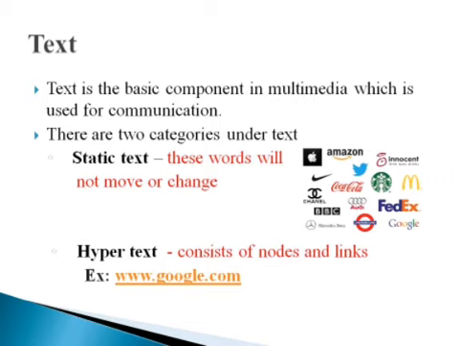You click one particular link and download. If you click that link, it will go to another page. By clicking on one particular word, it takes you to some other page, which means that page is not static. It calls you inside the page, and that page may lead you to some other page. This is called hypertext. So with text, you have two categories: static text and hypertext.